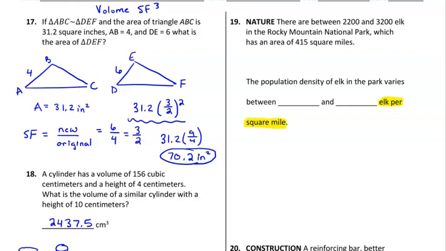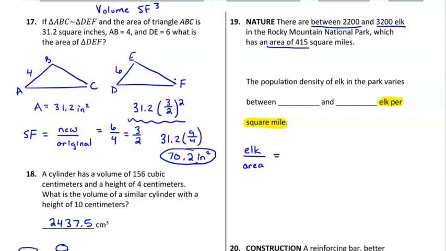And so we can go ahead and write this as elk over area, because area is square miles, right? So they're saying what is the population density of elk, and then they give us that there are between 2,200 and 3,200 elk in the Rocky Mountain National Park, which has an area of 415.